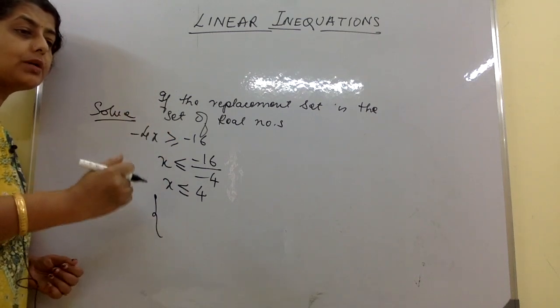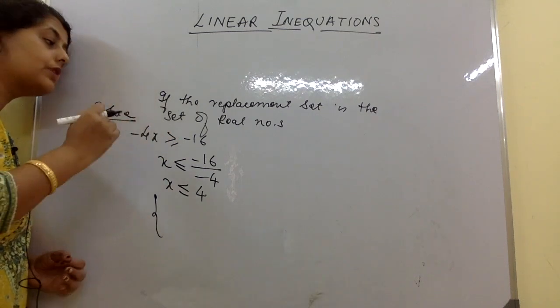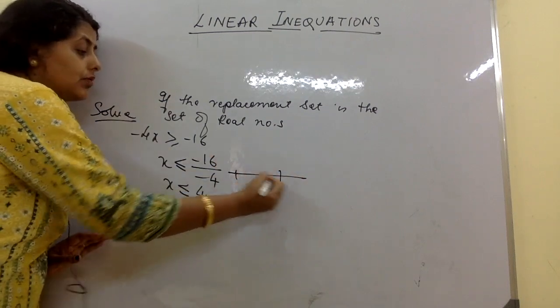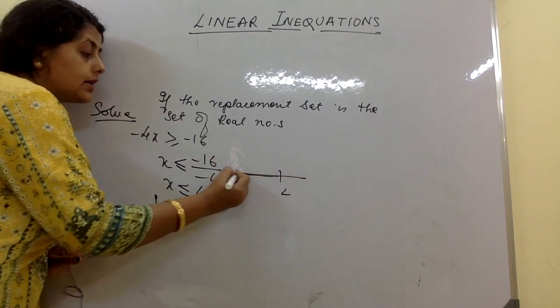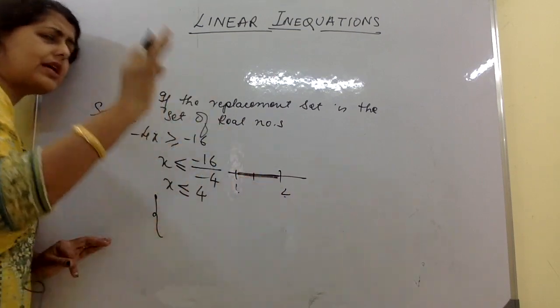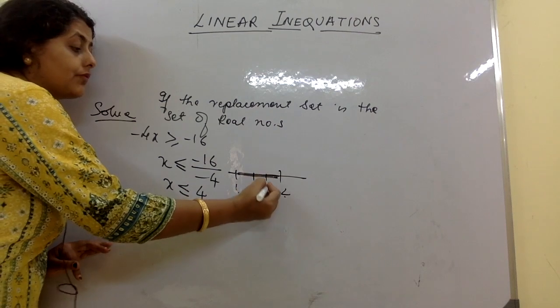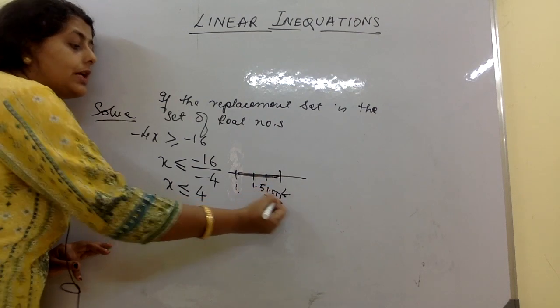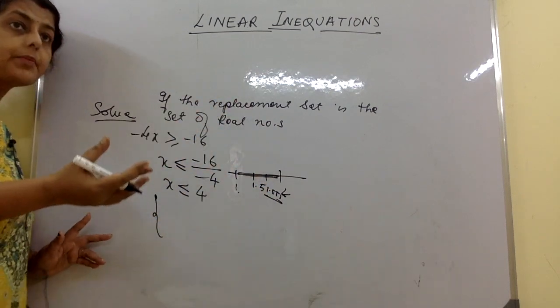I have to take 1.34, 1.35. So on the number line between 1 and 2, this entire area I have to take. 1 and 2 also, and this entire area, any fraction, not just 1.5, even 1.555, everything is considered a real number.